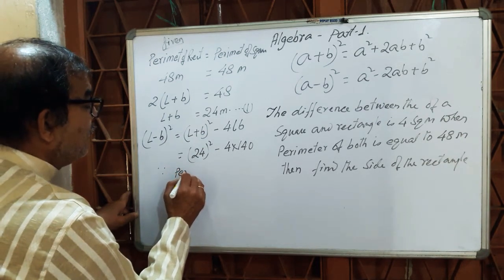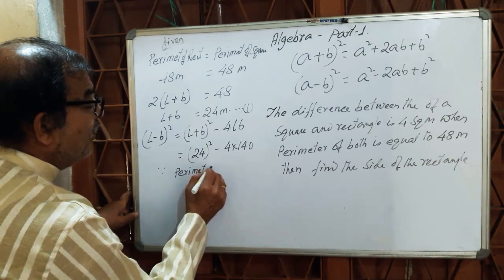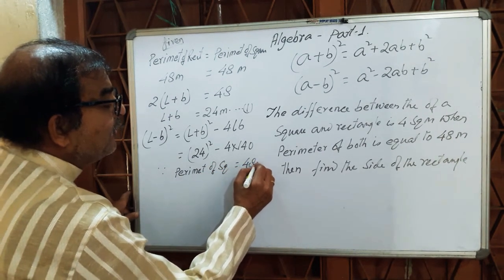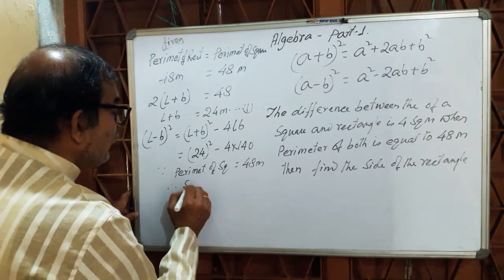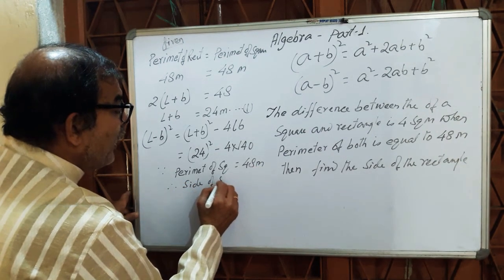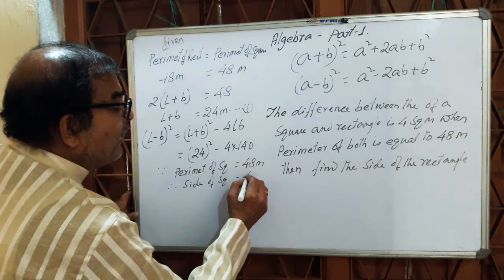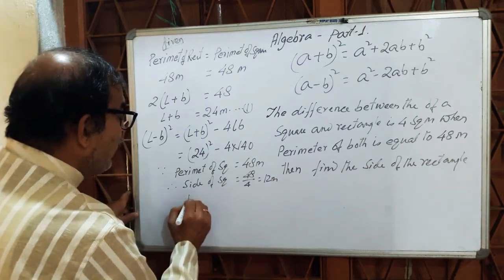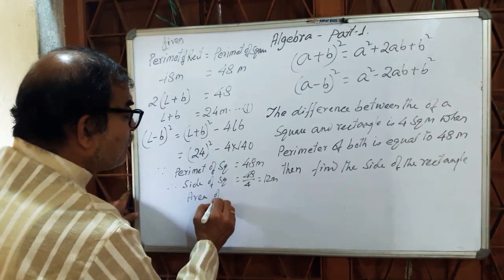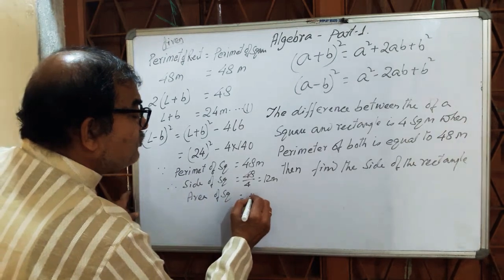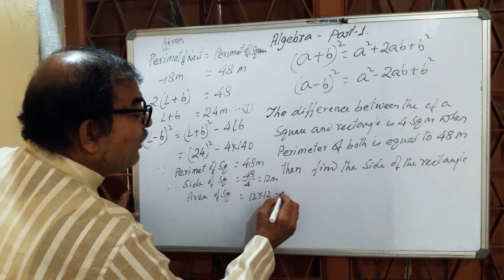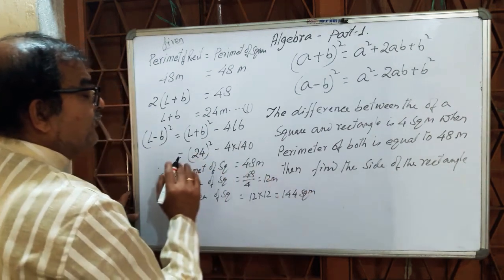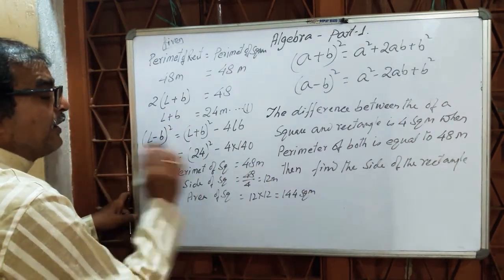The perimeter of the square equals 48 meter. Therefore the side of the square equals 48 by 4, that is 12 meter. So the area of the square equals 12 into 12, 144 square meter. Just write gradually one by one, then you will get the correct answer.